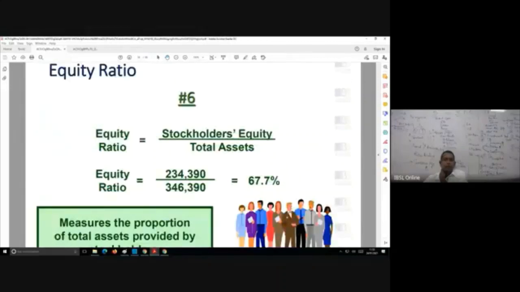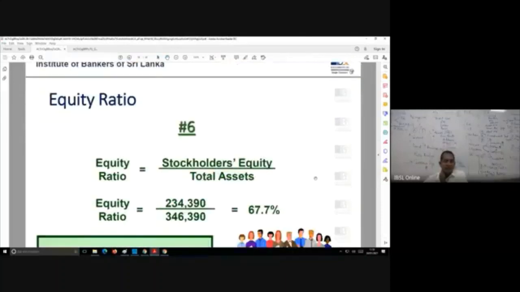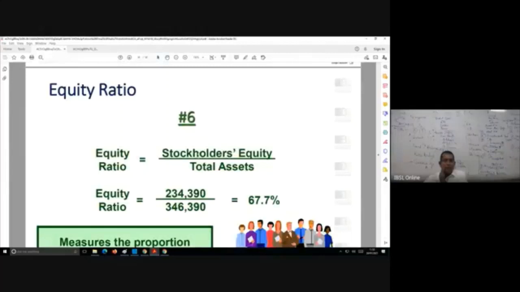So when you are calculating this ratio, right? Look at it. They have taken only the end figure. Why is that? Both these figures are coming from the balance sheet only, right?